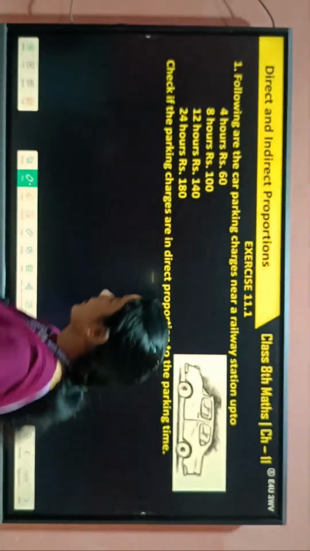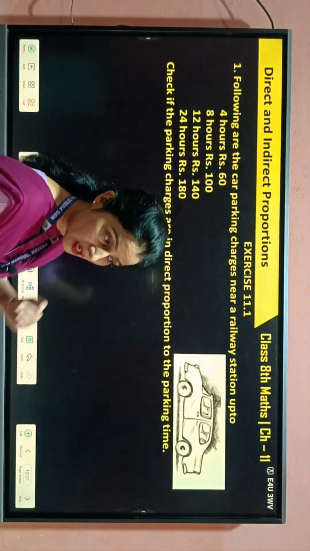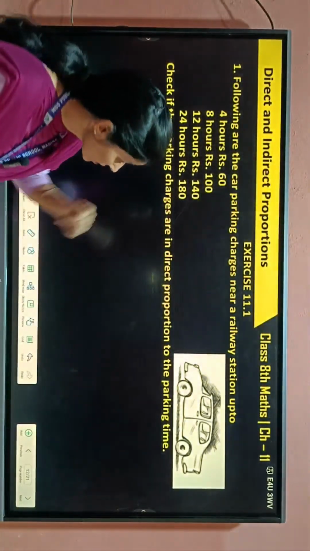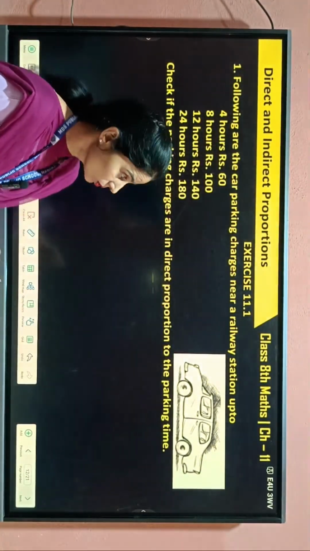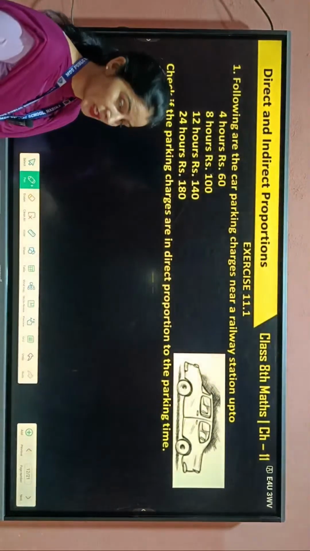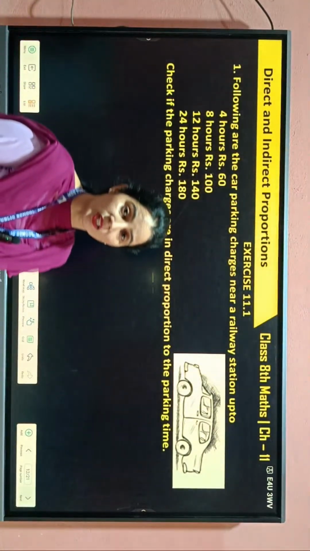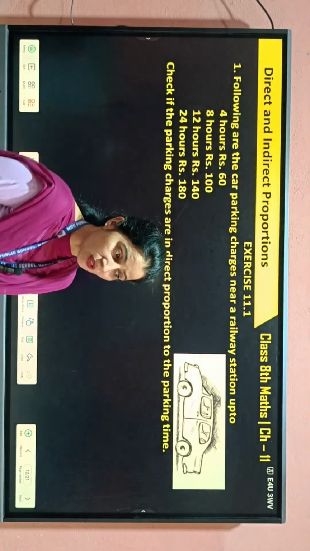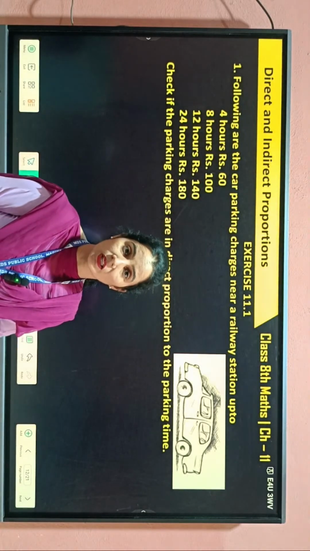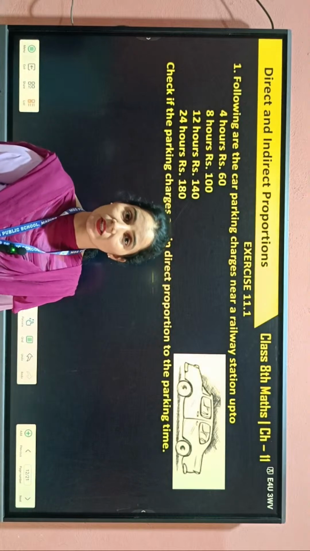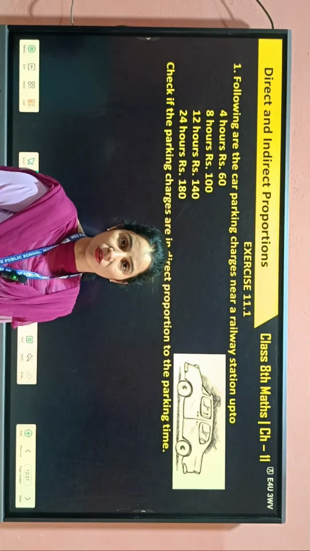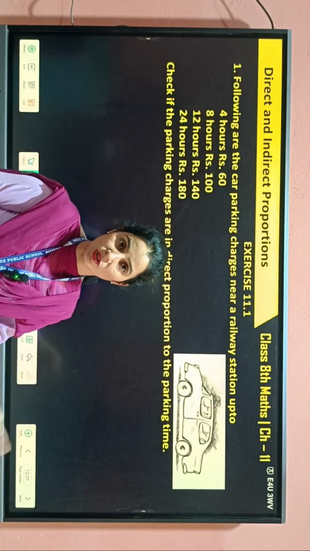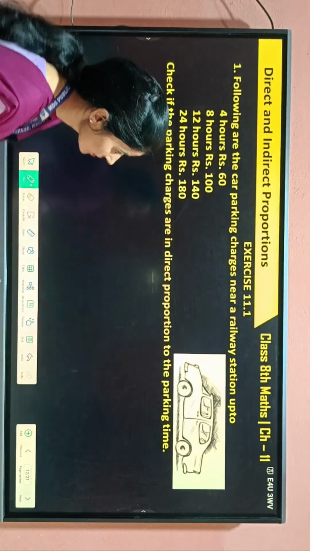We need to check that as the number of hours increases, the charge increases in a similar way. Although it may be increasing, we have to check whether these are in proportion. They should increase in definite proportion. Direct proportion does not just mean an increase. One quantity is increasing, then side by side the other quantity is also increasing, but that should be in direct proportion.